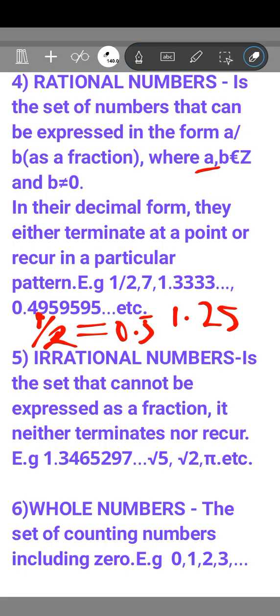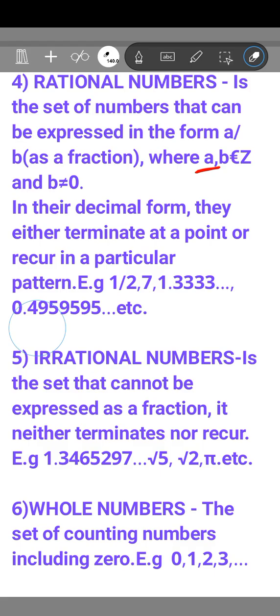But if it does not terminate at a point, it will recur in a particular pattern. For example, 1.3333333333. We often make divisions and notice the answer appearing in this way. 333 continues in that pattern. Or something like 0.49595959, 2.818181, something like that.